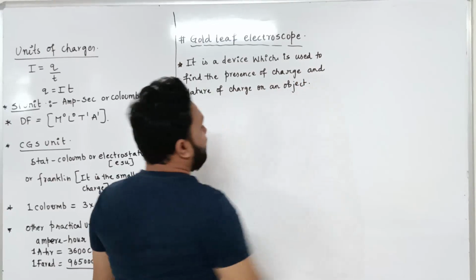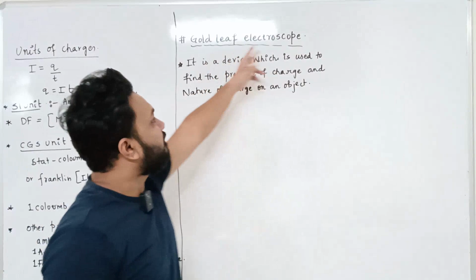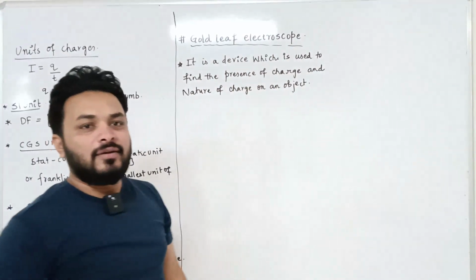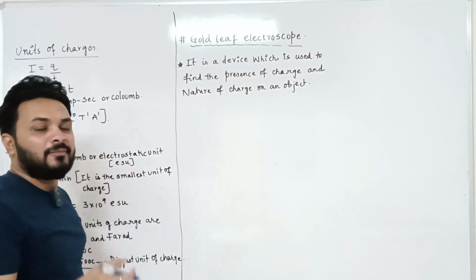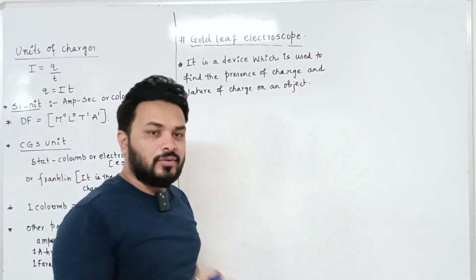It is an experimental setup. It is a device which we use to find the presence of a charge and the nature of a charge on an object. What do I mean by this?